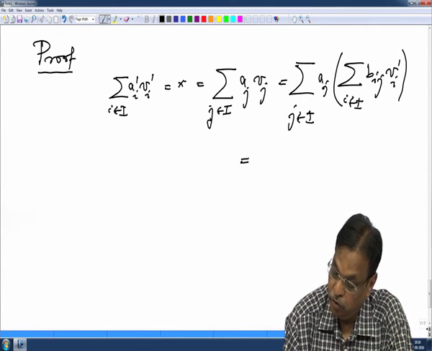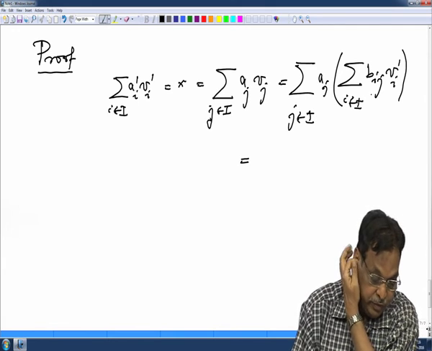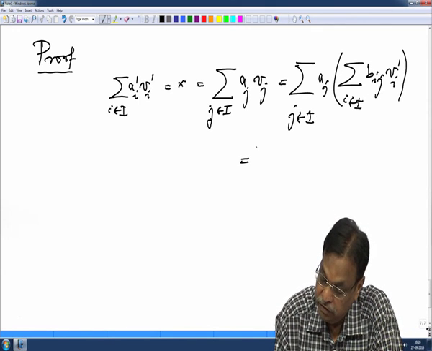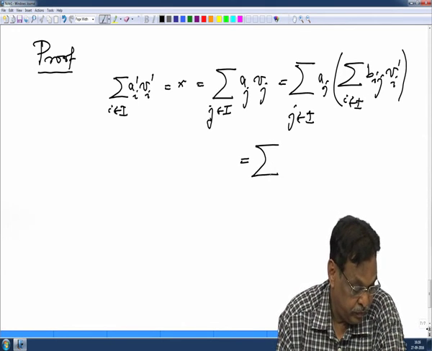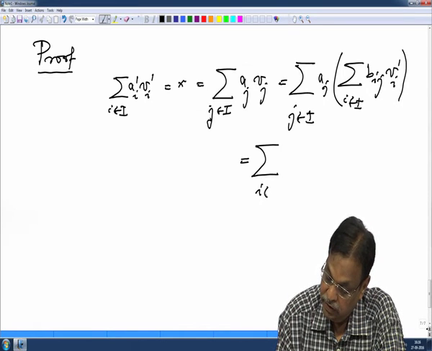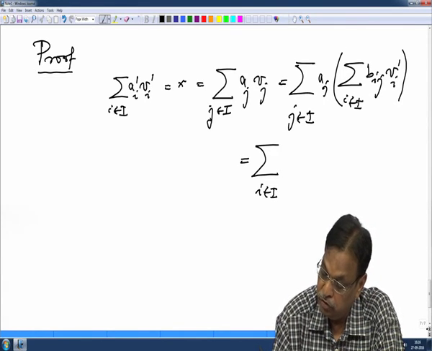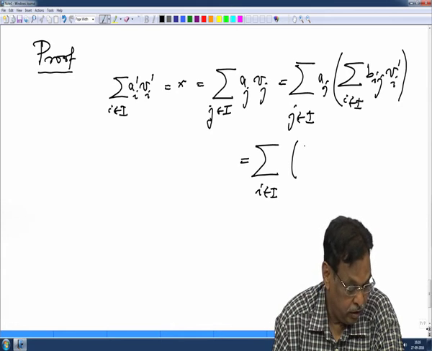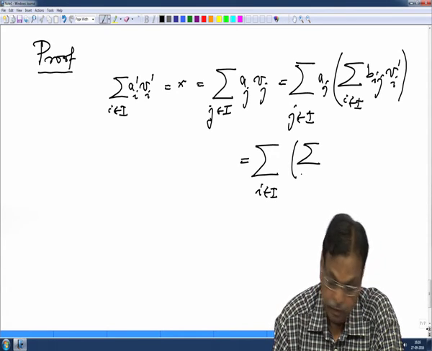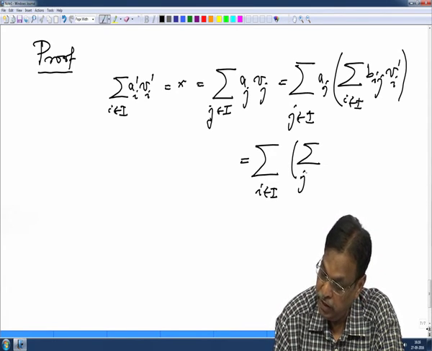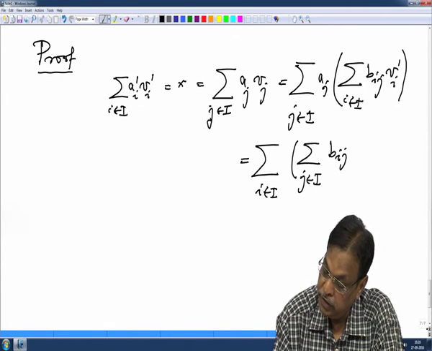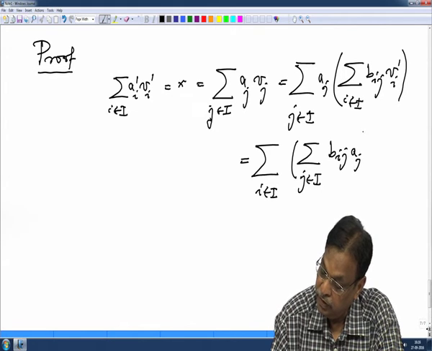But this is the same finite sum, so I can interchange. I have interchanged the sums. So inside it will be summation j in I, b_ij a_j, and the whole thing multiplied by v_i prime.